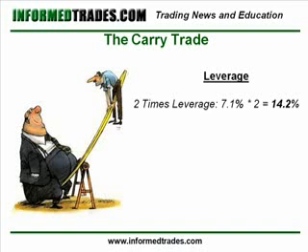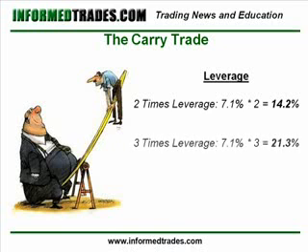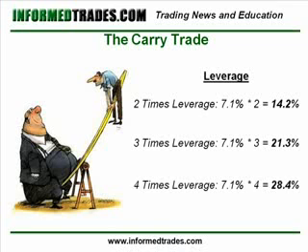Taking this a bit further, if I increase the leverage to a more aggressive 3 to 1, that would put my return from rollover at 21.3%. And if I up the leverage to an even more aggressive 4 to 1, that would put me at 28.4%, a return that if I consistently generated year after year, would put me among the top traders in the world.